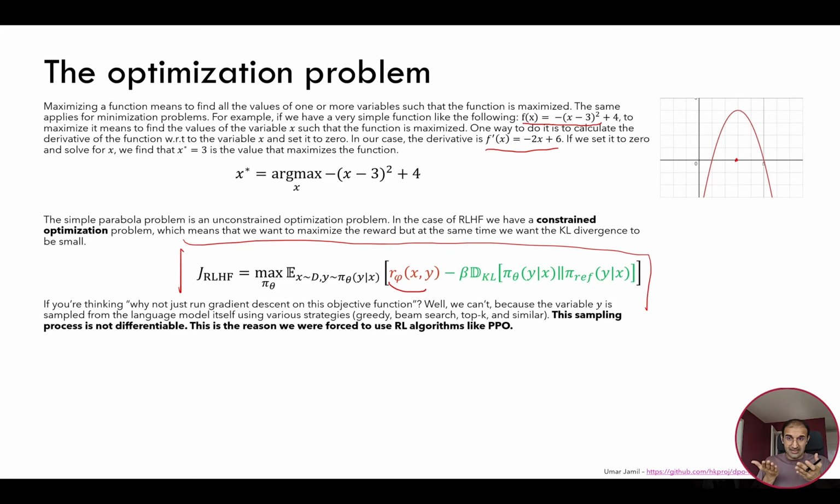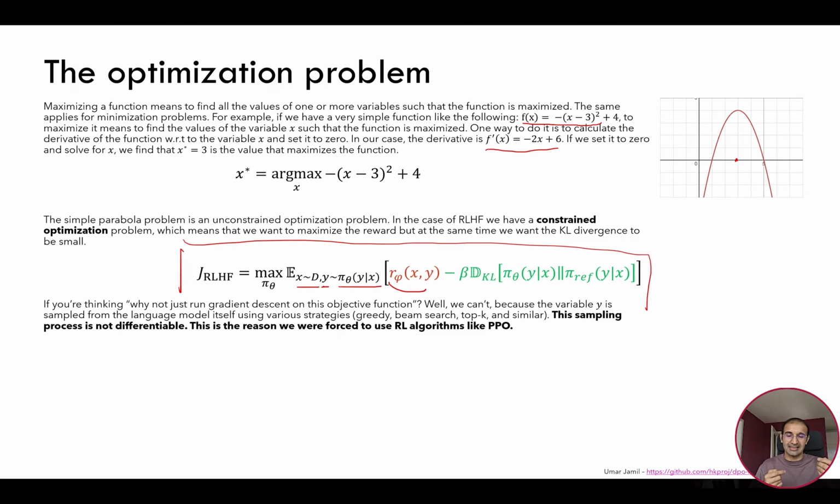This objective function is not differentiable. Why? Because as you can see from the expression here, this is an expectation over all the prompts in our data set, and then an output that is generated by the language model. Now, to generate the output of the language model, as we saw before, we need to use an iterative process in which we feed one token at a time into the prompt.